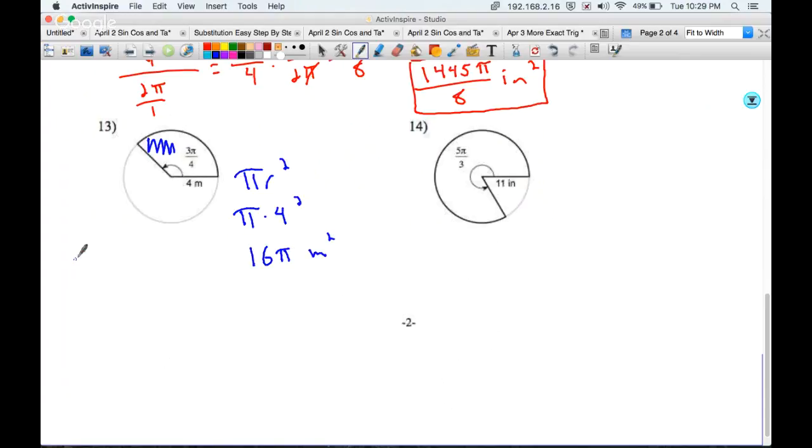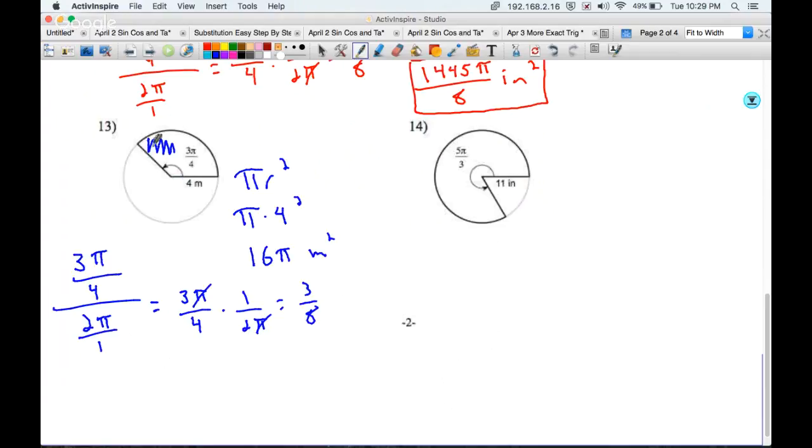3 pi over 4 represents what fraction of a full revolution? To figure that out, we do 3 pi over 4 divided by a full revolution, which would be 2 pi. I can make that 2 pi over 1 without changing it, so that I can do copy-flip to do this division. The pi's cross simplify. Now we've got 3/8.